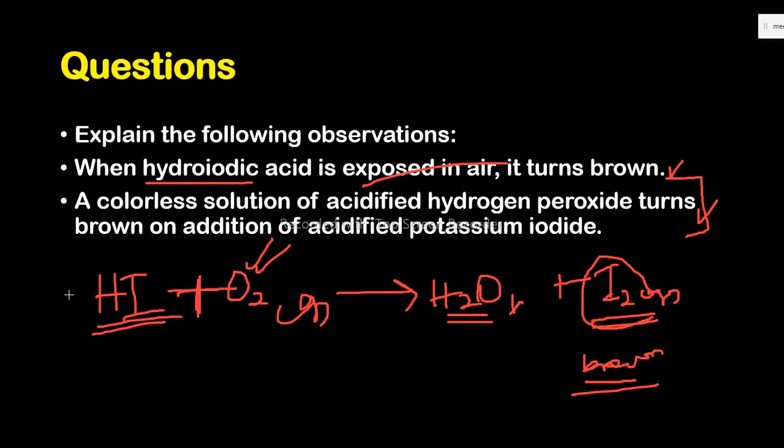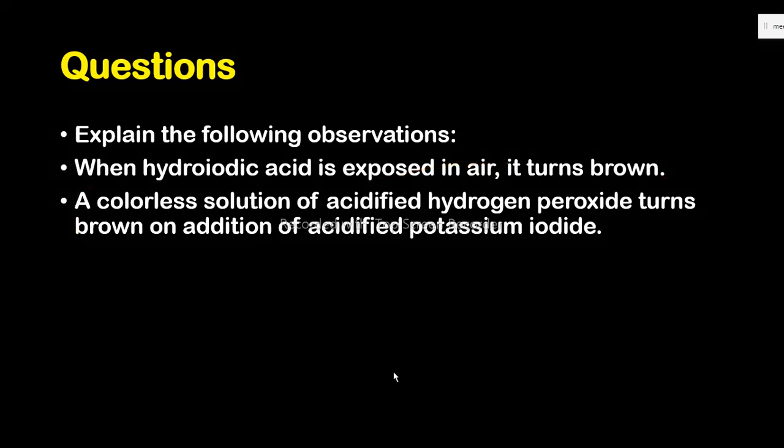If you have to balance, maybe we put a 2 here, now the oxygen has issues, so we put a 2 here and a 4 here and a 2 here. Our equation is now balanced. Now you answer the other one, write those half equations and the overall equation, and I'll post that question in our classroom.